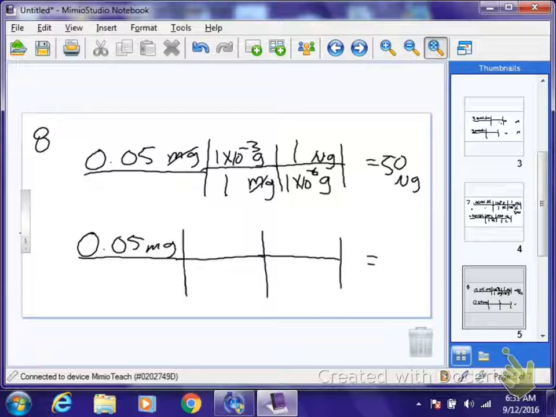If we don't do it with exponents, we can put 1 gram down there, and you're probably used to putting 1,000 milligrams in 1 gram. You can do it that way. And then grams to micrograms.